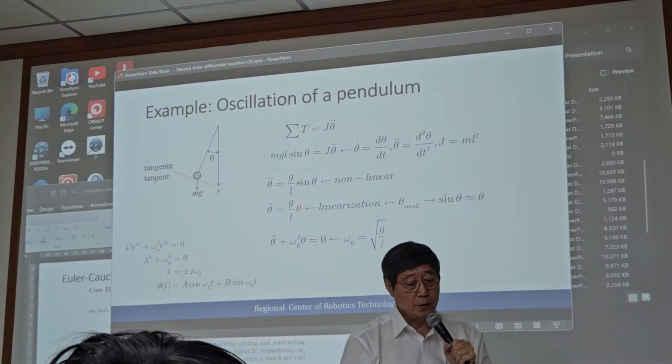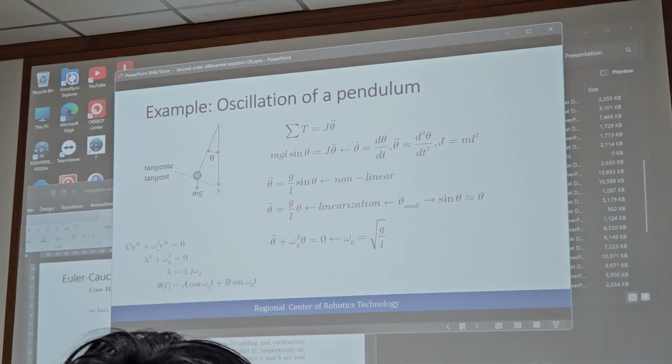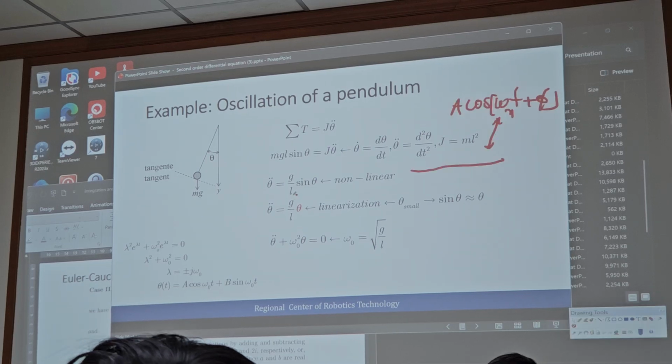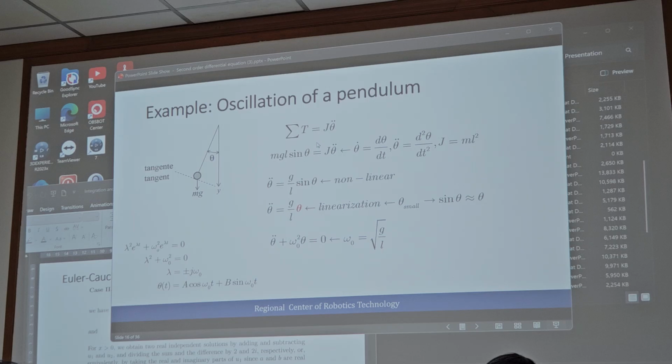Similar to this one. In this case, you use the modified Newton-Euler equation: the summation of torque equals J theta double dot.